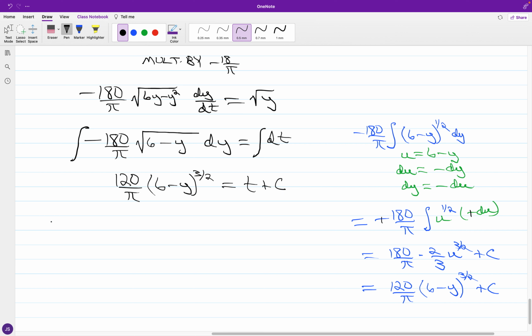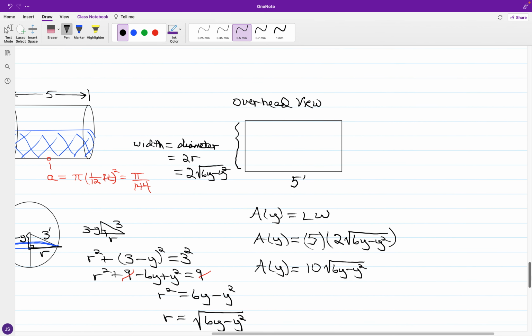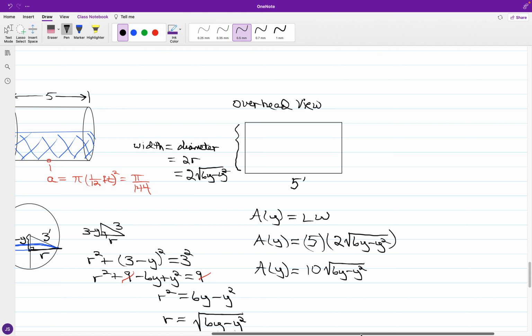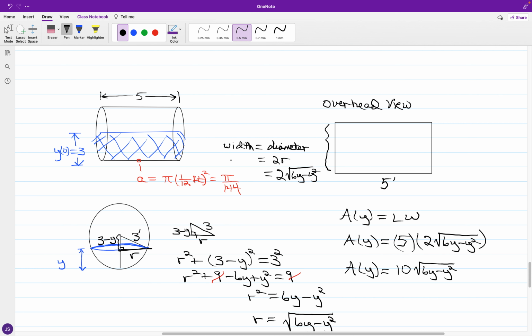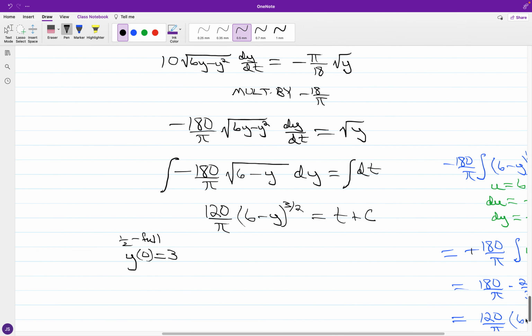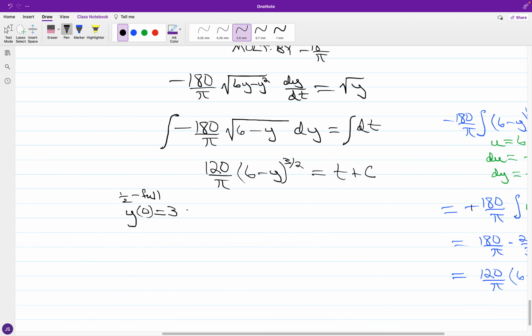Now, again, the tank is initially half full. Going back to our tank, if it had been full, we would have had the liquid level to be at 6. But for what we have, a y naught equal to 3.